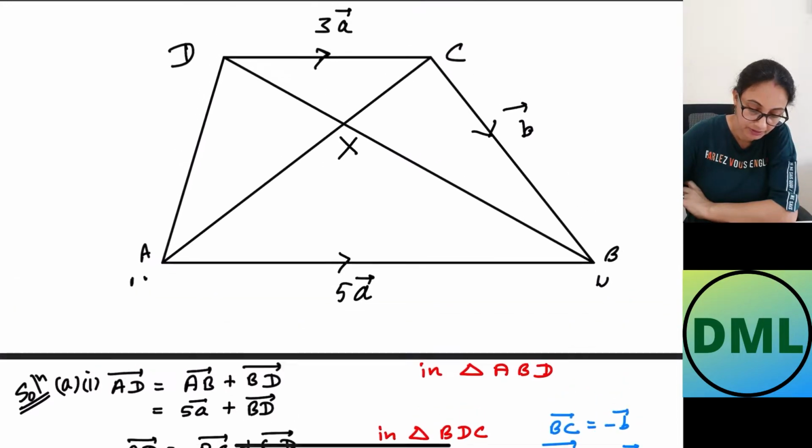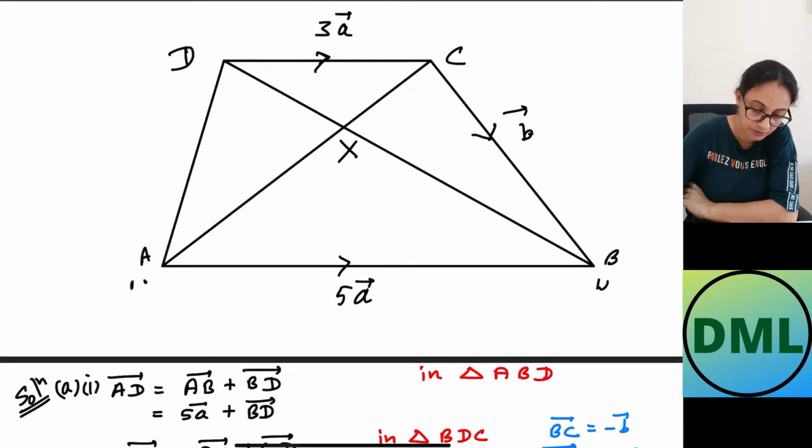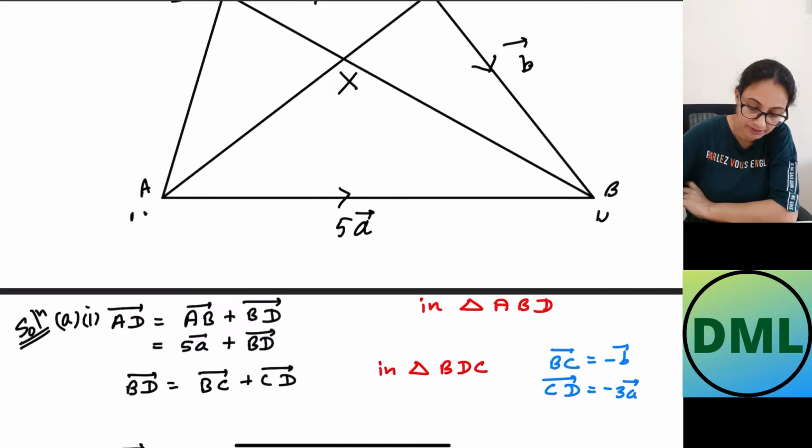As you know that we are going opposite to the direction of the vector CB, so BC vector will be written as minus B. From the vector CD, you are going opposite to this vector, so this vector will be written as minus 3A. So, BC vector will be minus B vector and CD vector is minus 3A vector. Now, I will substitute this value here in AD.